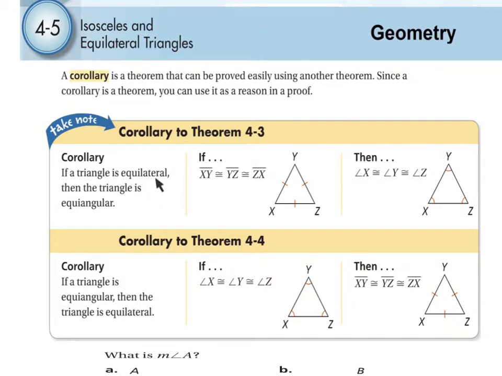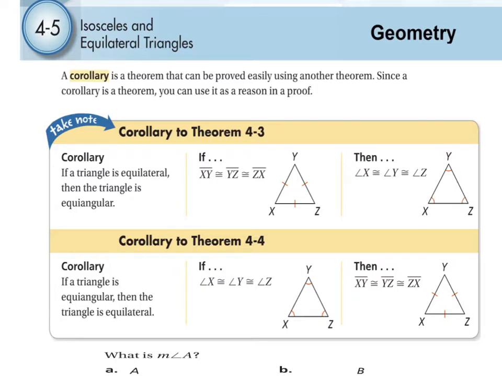If a triangle is equilateral, then the triangle is equiangular. Let's talk about what equilateral means first. Equilateral means that all three sides are the same. So it's saying if all three sides of a triangle are the same, then all three angles are the same.